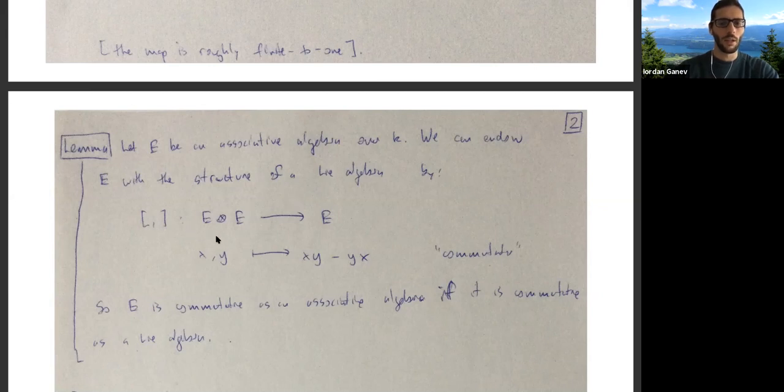The bracket of two elements x and y inside of E is the commutator, xy minus yx. We see right away that it's commutative as an associative algebra if and only if it's commutative as a Lie algebra. So associative algebras can be regarded as Lie algebras in this way.